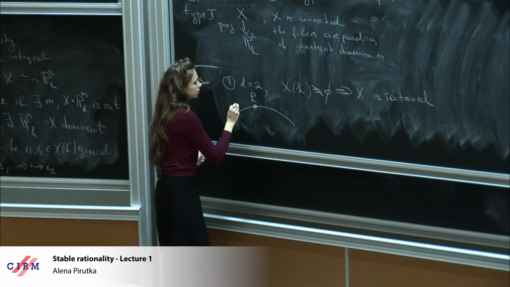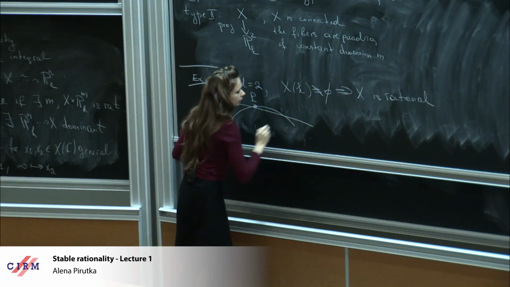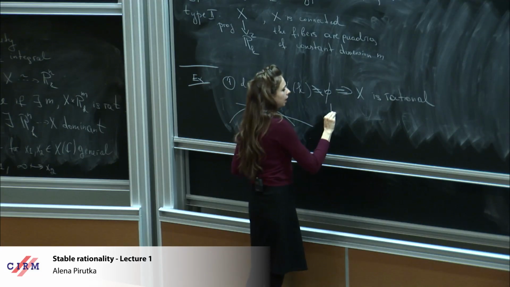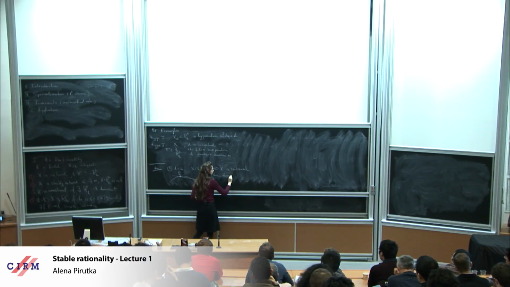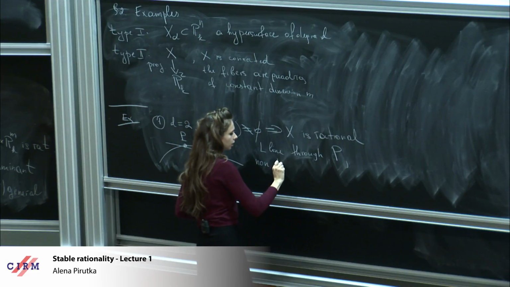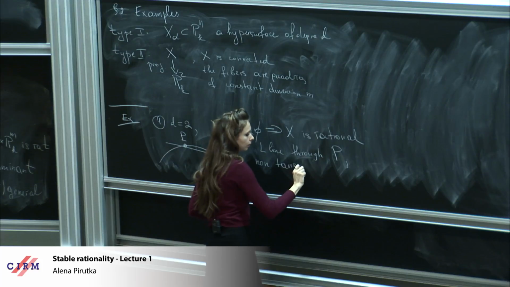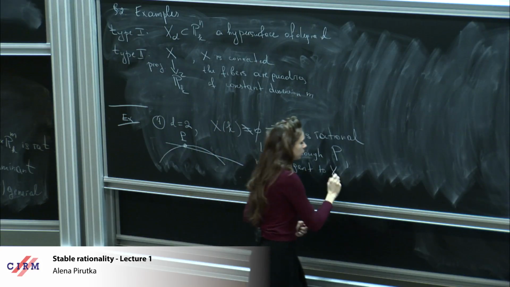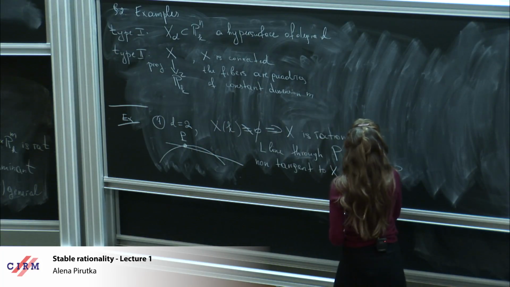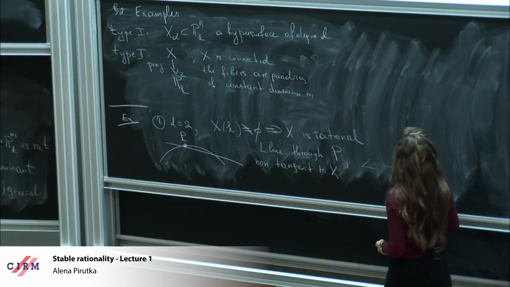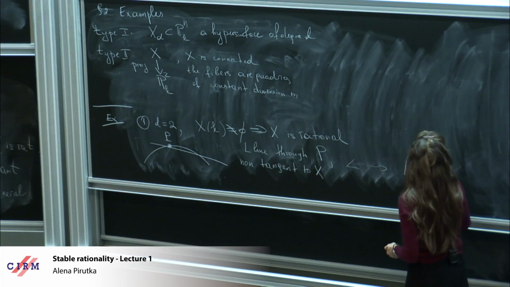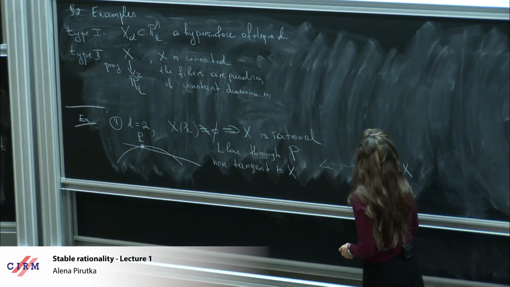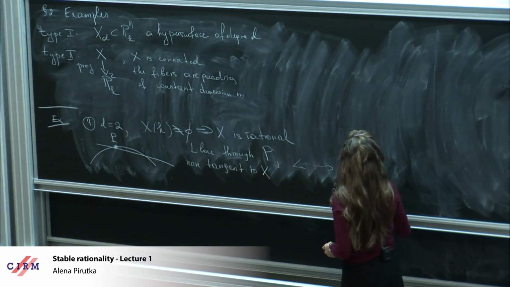I'm going to consider lines through the point P, non-tangent to X. So this is going to give me a rational map, a birational map, via the second point of intersection.